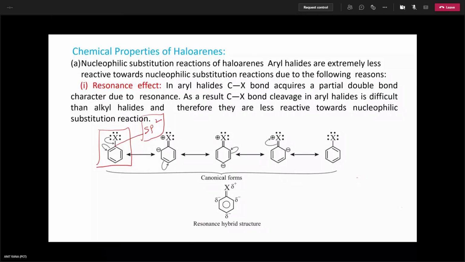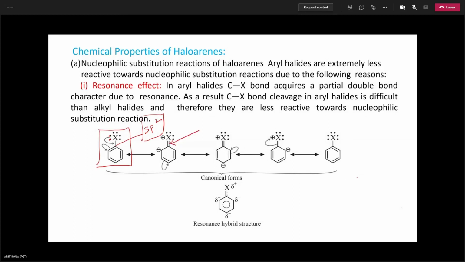At the same time you can see the resonance. The non-bonding electrons on the chlorine, bromine or iodine, like X here, undergo delocalization into the ring, and that results in partial double bond character.